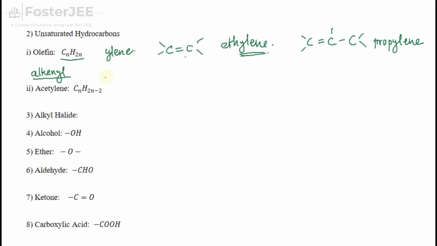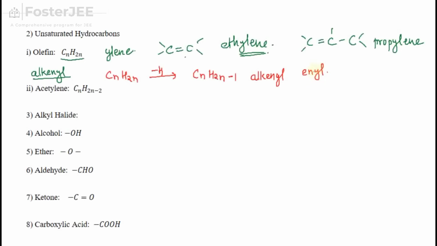Okay, we can show it by a chemical reaction. Here CnH2n minus one hydrogen. Then it will form CnH2n-1. This is the alkenyl group. And the suffix used for alkenyl is enyl.